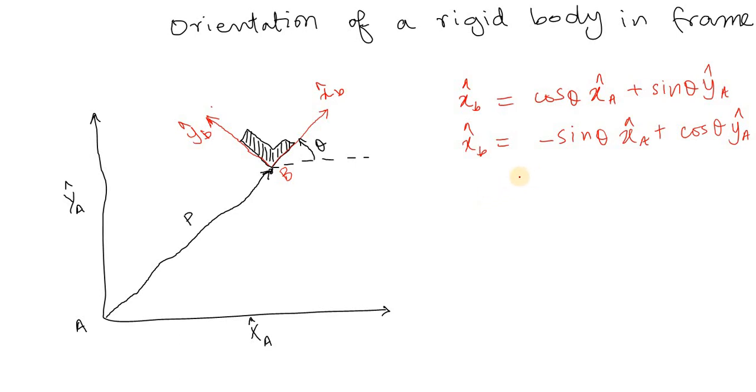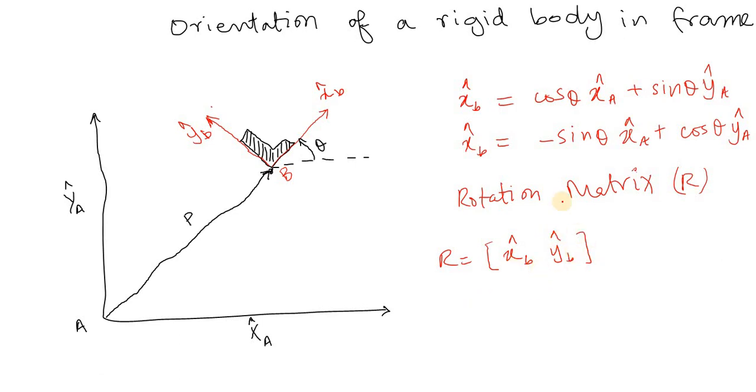Once we have these two equations, we can easily write them in matrix form. We can call it our rotation matrix, which is R. So R is equal to this, and if you put the values from here, you will get something like this: cosine theta, minus sine theta, and sine theta, cosine theta.